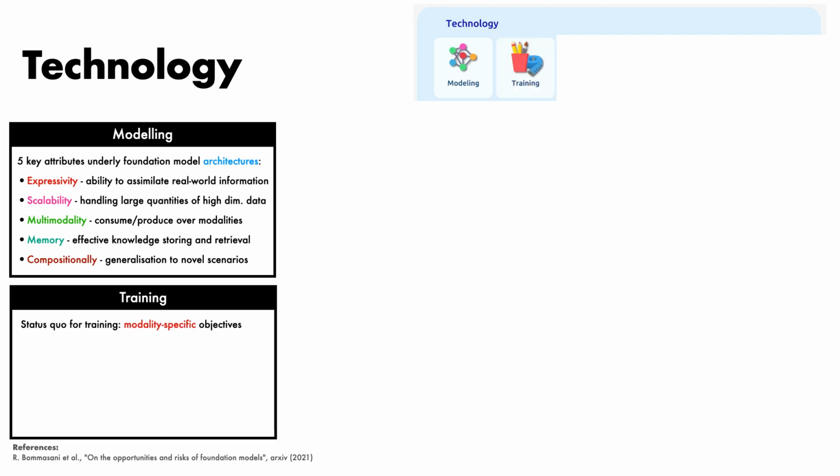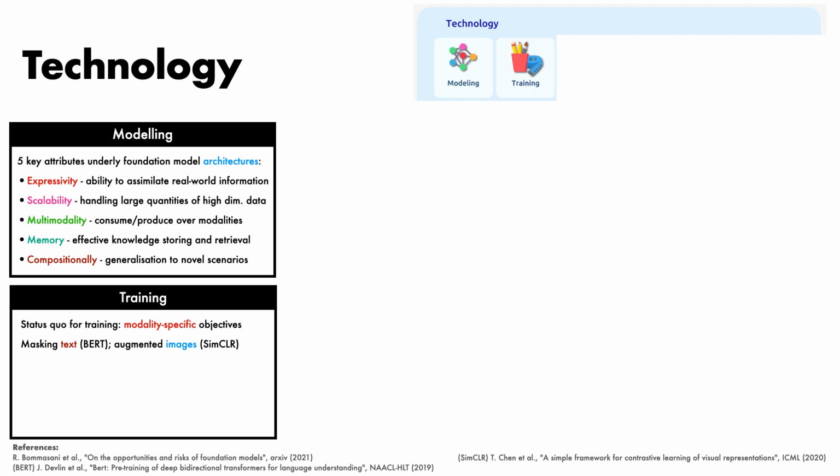The status quo for training foundation models is to use modality-specific objectives. Classic examples include masked language modeling for training text models like BERT, and image discrimination with heavy data augmentation for SimCLR. It seems plausible that future training losses may involve more principled selection of training objectives by drawing on systematic evidence and evaluation suites, as well as greater domain generality to learn in a unified manner across modalities and sources of data.